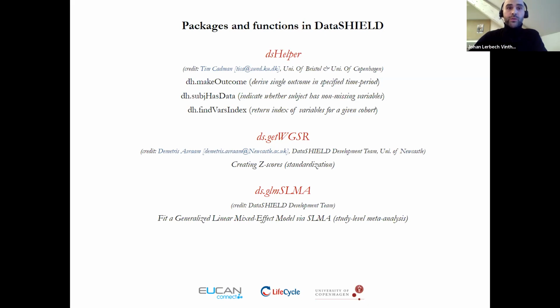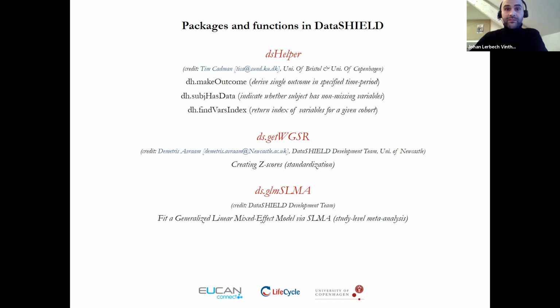So that's quite useful. Then I've used the DH subject has data, which indicates whether a subject has non-missing variables or not, which is also useful when you finish your final data set. And the DH find vars index returns an index of variables for a given cohort, which is also quite useful.